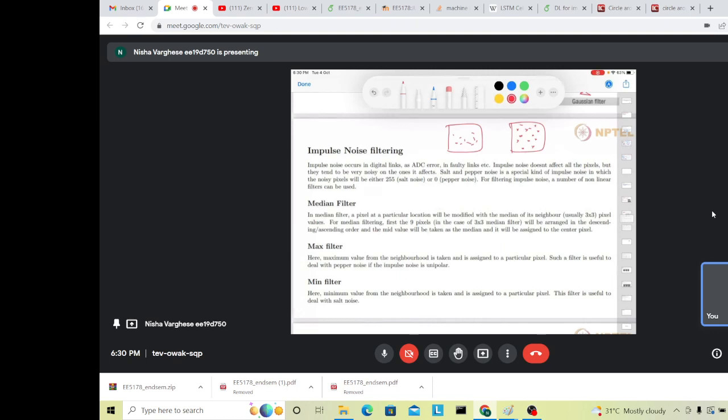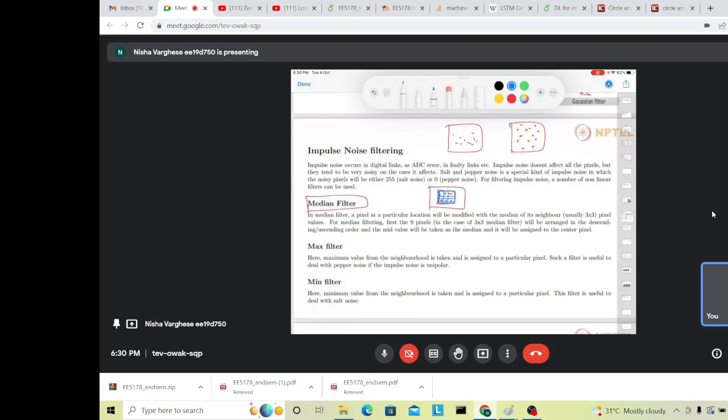One thing we can use is the median filter. What does the median filter do? It will take a patch, this blue patch, and in the blue patch it will take the median value of the pixel intensities.